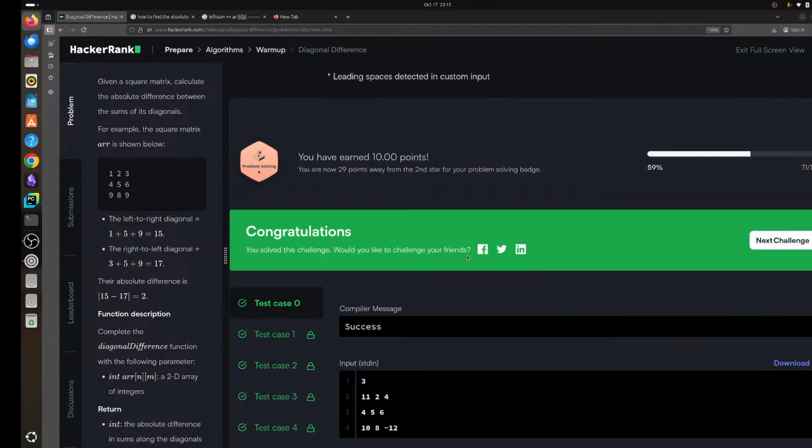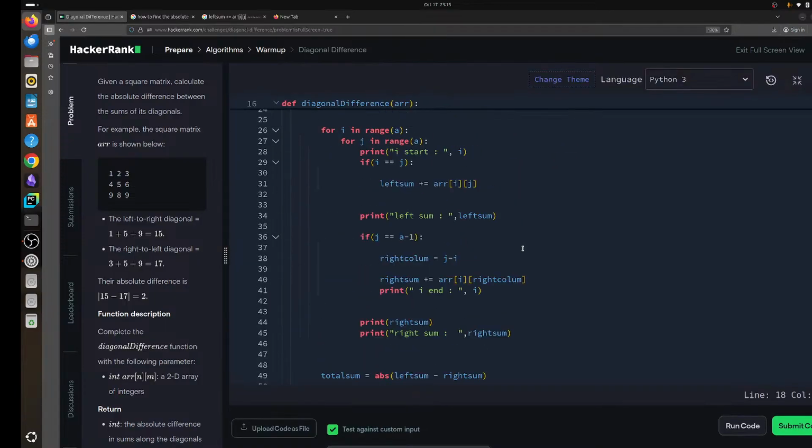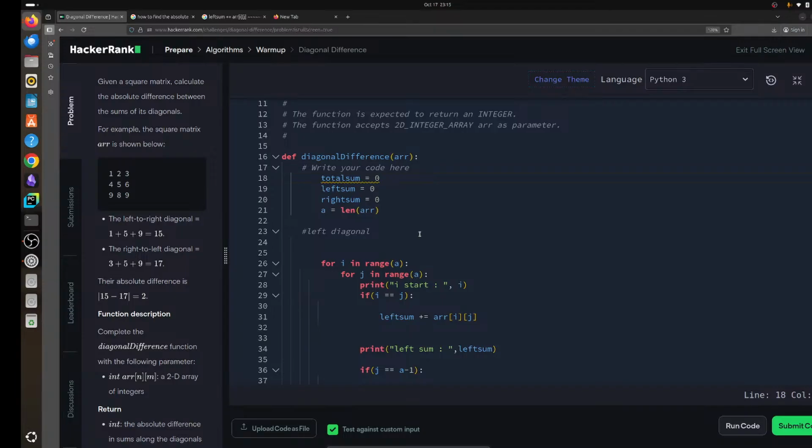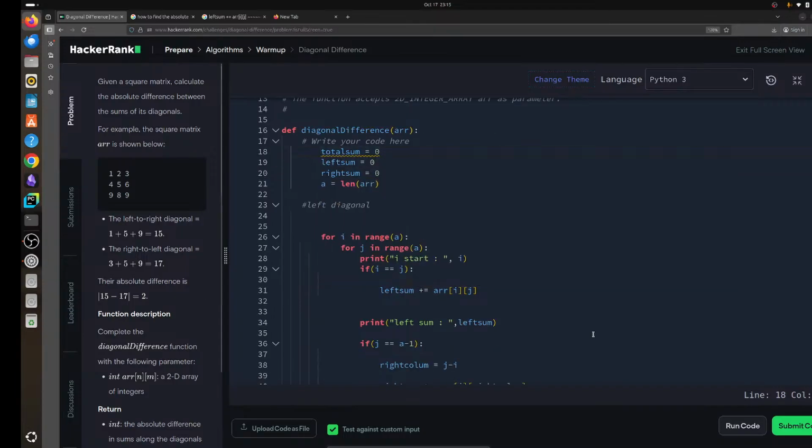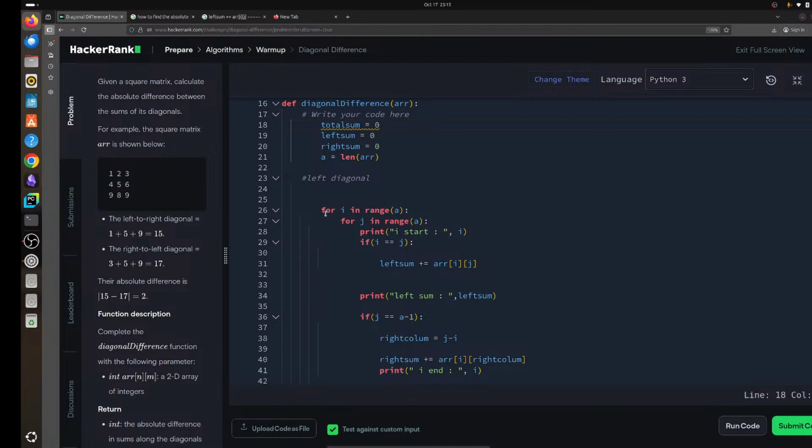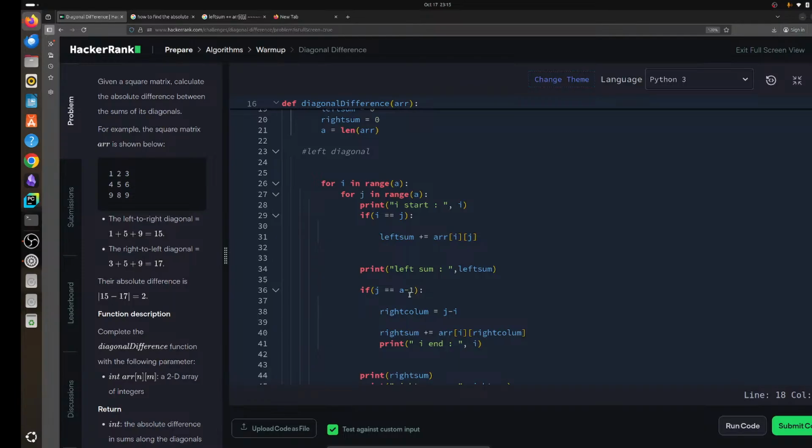Oh yes, custom test case on always. So what I did, I created total sum equal to 0. I initialized it with 0, left sum equal to 0, right sum equal to 0, and length. And I used a first loop, for i in range, which will be pointing to the rows 0, 1, 2, and then j which is pointing to the column, and it will help us to extract it. So I will put the condition if n minus 1, because the whole pattern is holding on n minus 1.